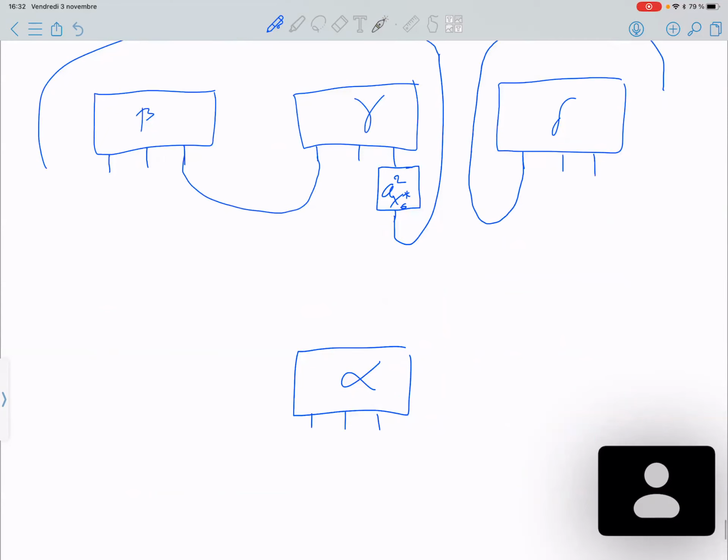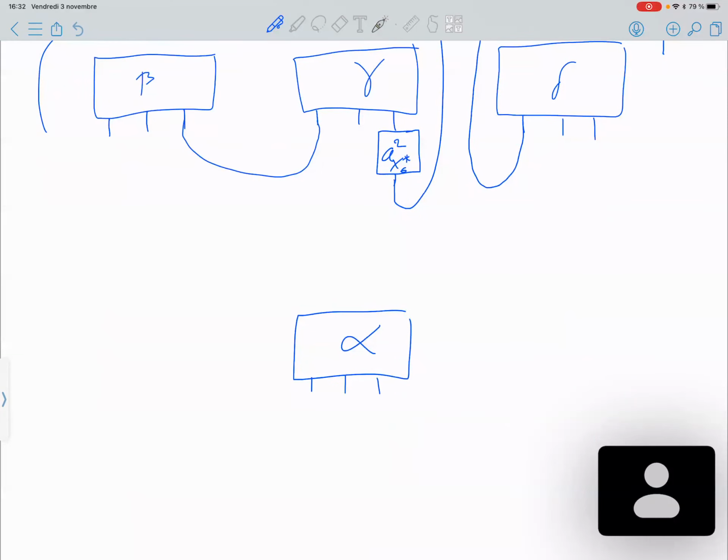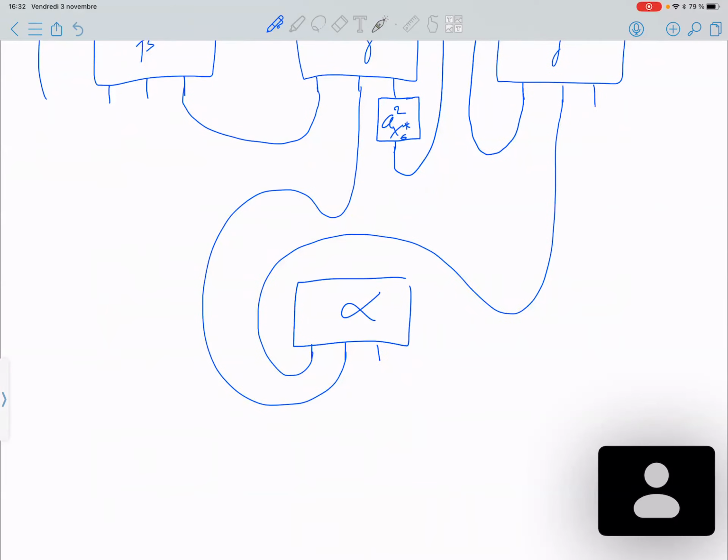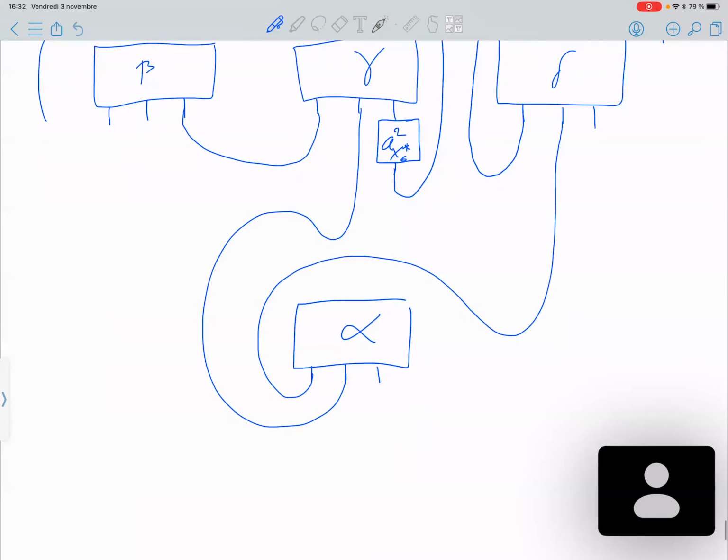And here you have the usual as before. And B, this one, is connected to this one.